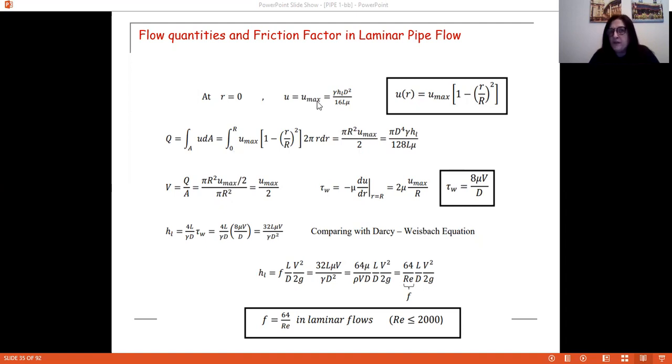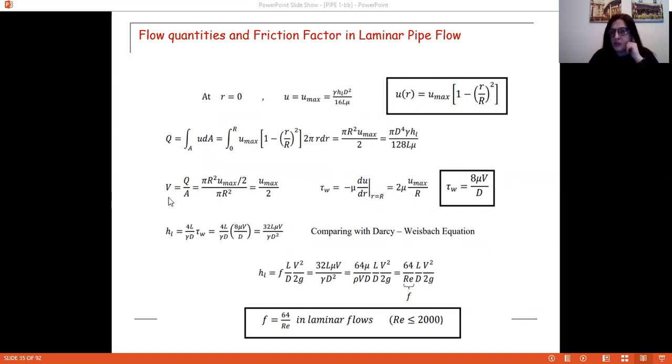And for U max, if you substitute these values and make the necessary cancellation, you can obtain that discharge is equal to this value, obtained from the integral that we had just solved.